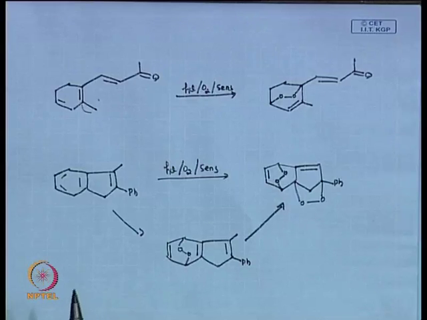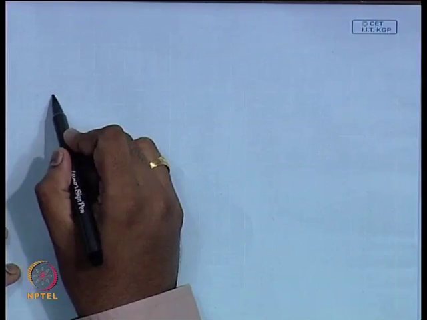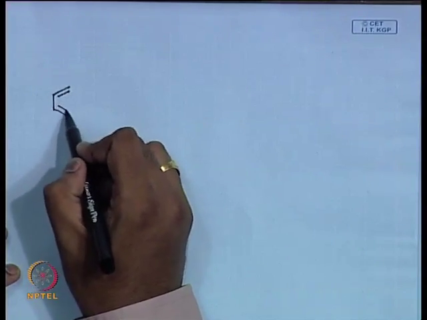Now I will show the Diels-Alder reaction of oxygen in heterocyclic systems, very famous. It is used for many synthetic utilities. For example, I have a furan. Okay, I want to do functionalization here.